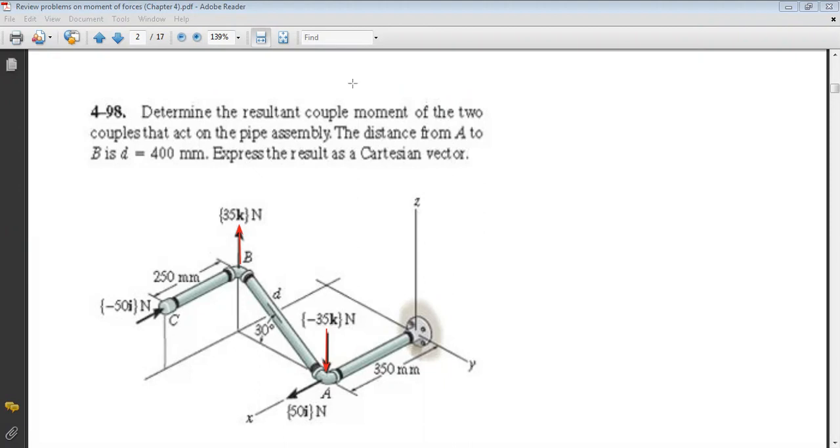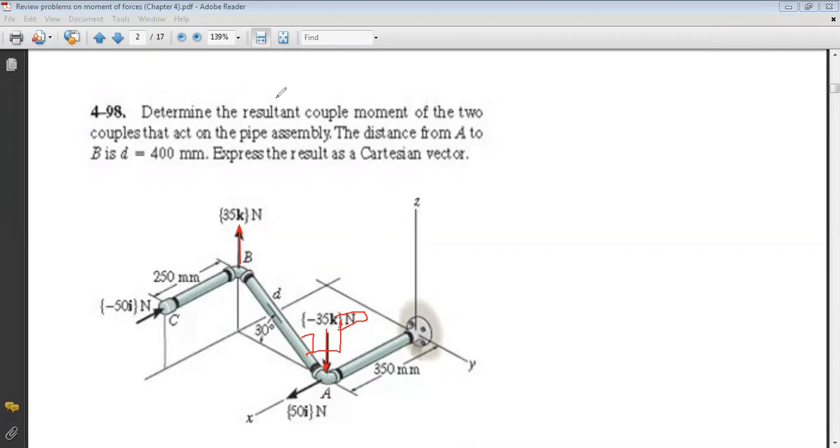Negative x. Exactly, negative x. Why? Because I put the four fingers along the first vector, and my palm is directed towards the second vector. So if I do this, my thumb will point in the negative x direction. Okay? So I can be sure that my moment is negative along x.